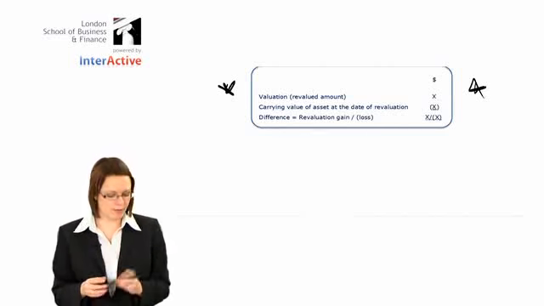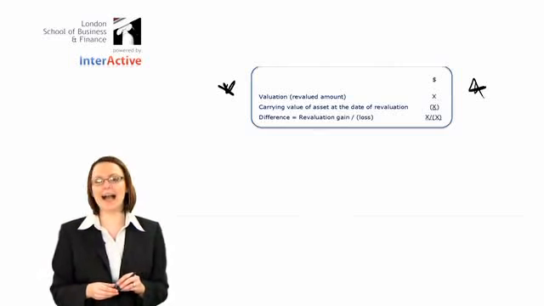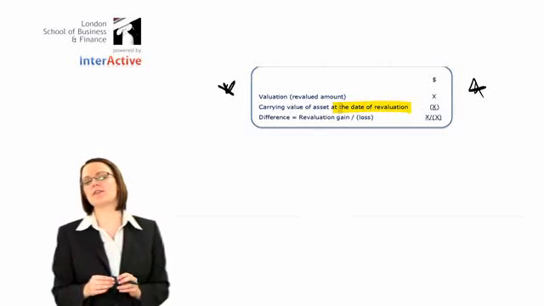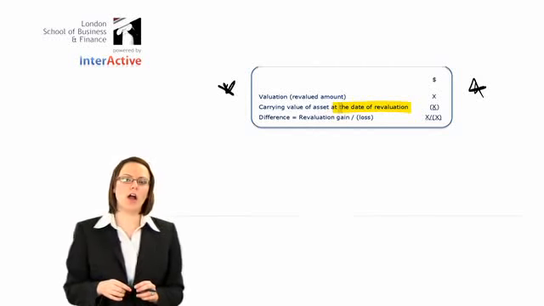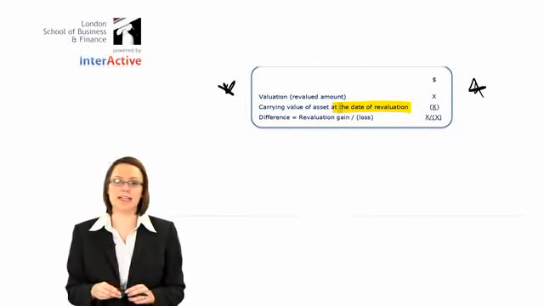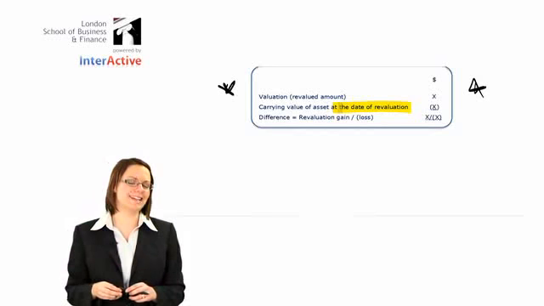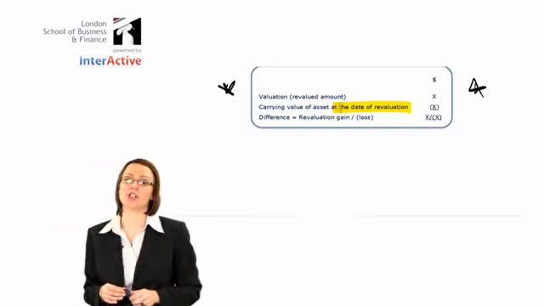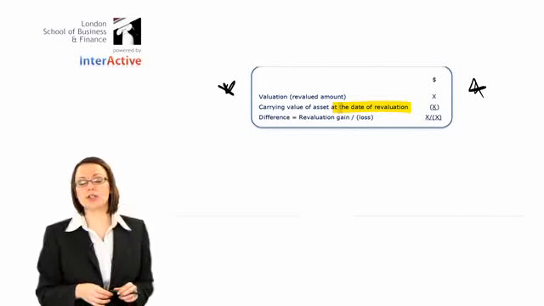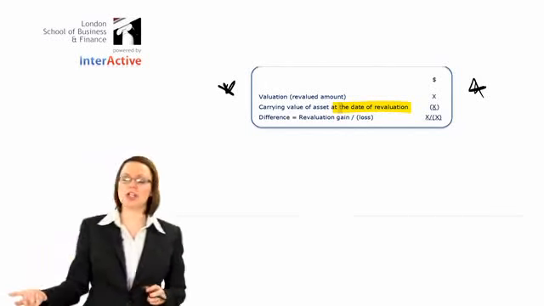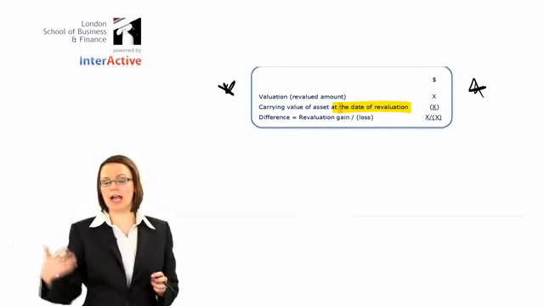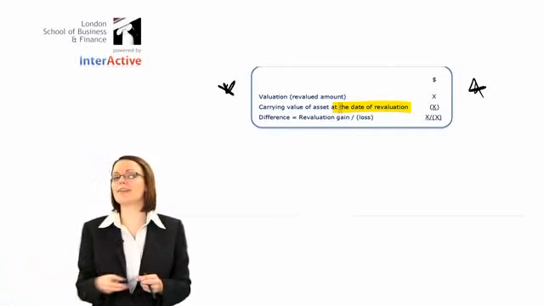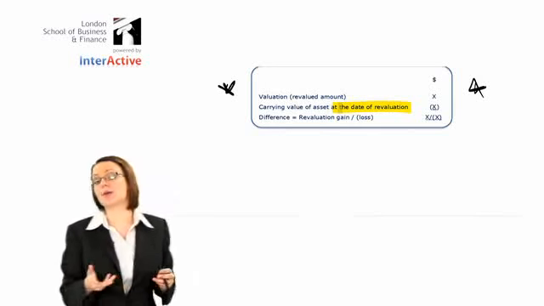I'm then going to compare that with the carrying value of the asset at the date of revaluation. So always be mindful of the date given to you on the date that you want to revalue the asset, or the management want to revalue the asset. Carrying value, cost minus accumulated depreciation. So assuming that that asset that originally cost us $3,000 had accumulated depreciation of, let's say, $1,000, then the carrying value would be $2,000.